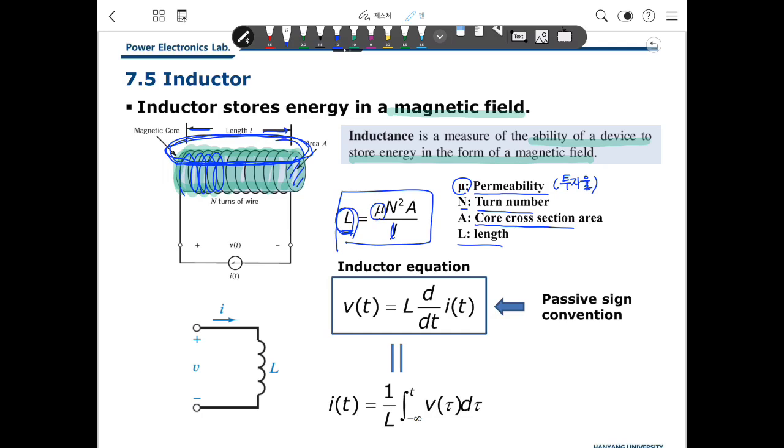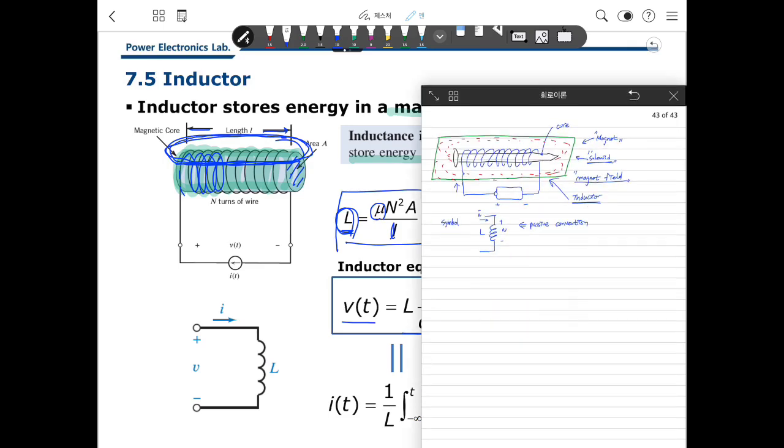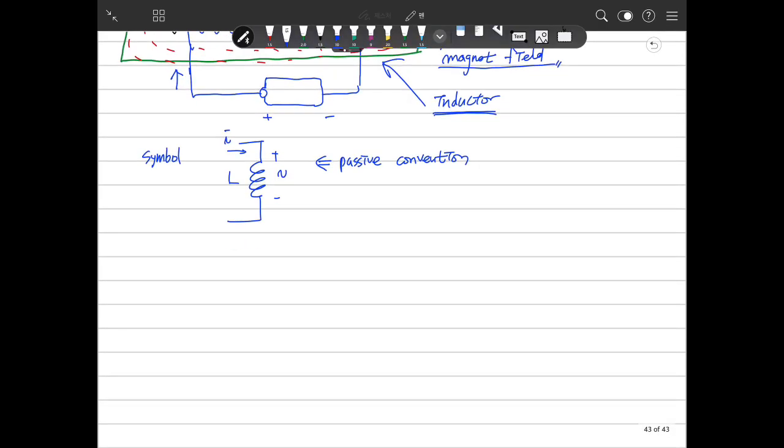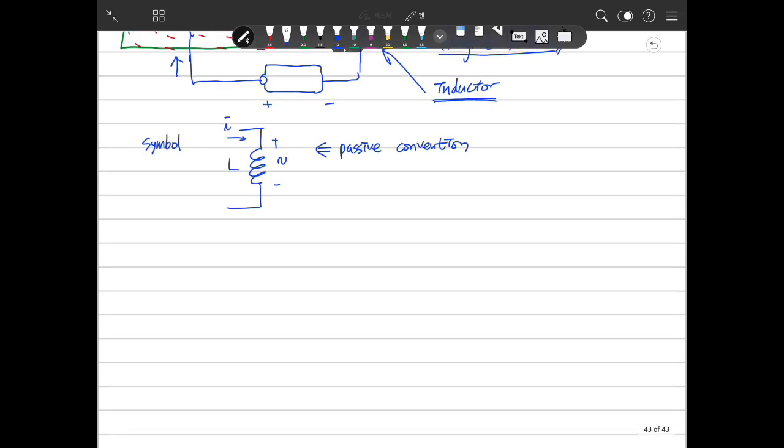And the equation of that is V of the inductor is L di/dt, as you know. So let's figure out the capacitor case. In the inductor, the equation is V equals L di/dt.